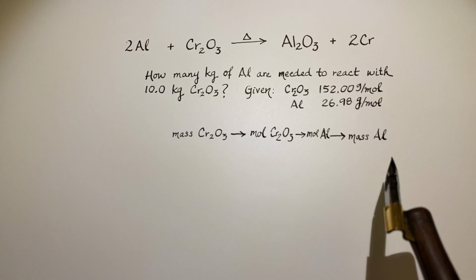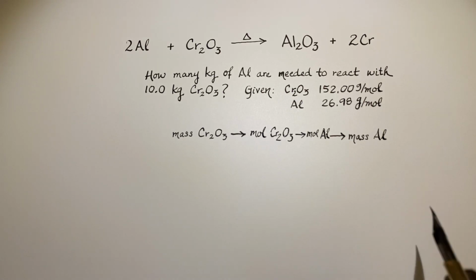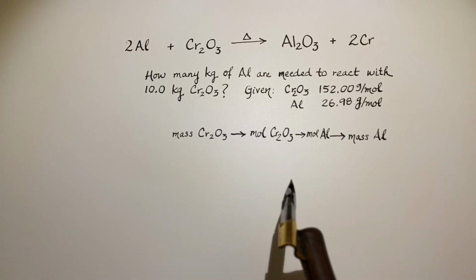Then we can get our mass of aluminum. So now we can set this whole thing up, now that we know where we started, where we're headed, and what we need to do in between.